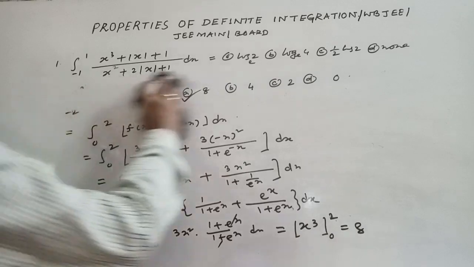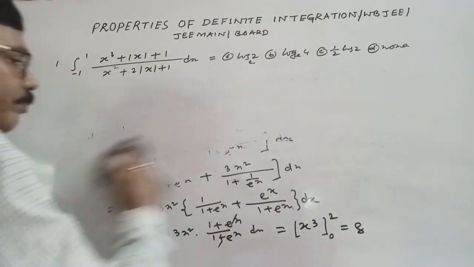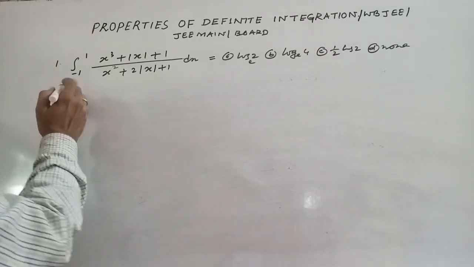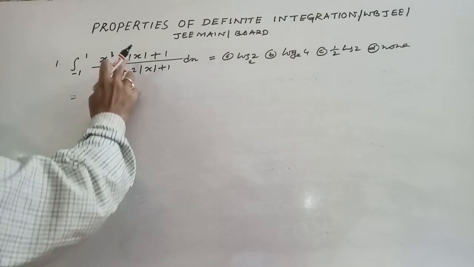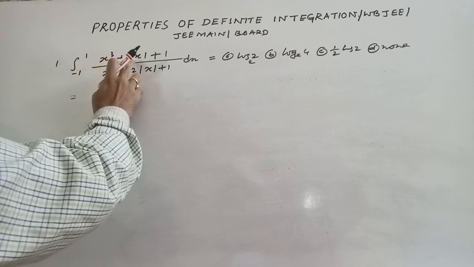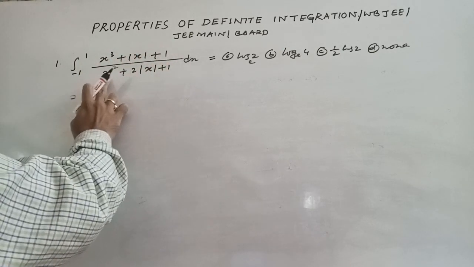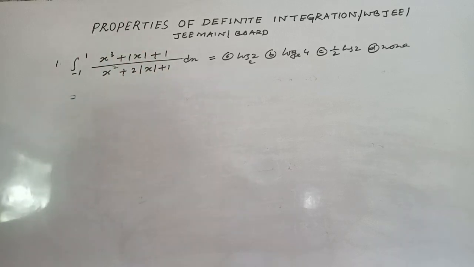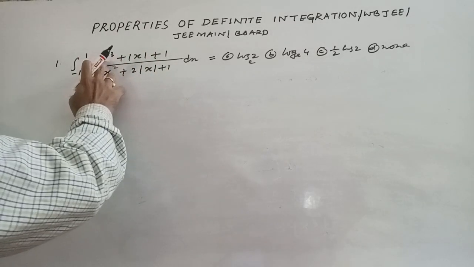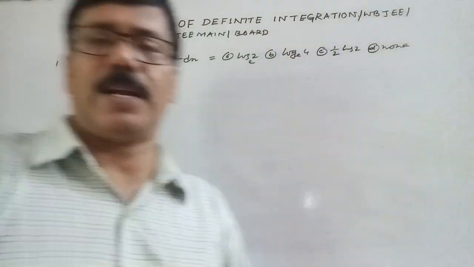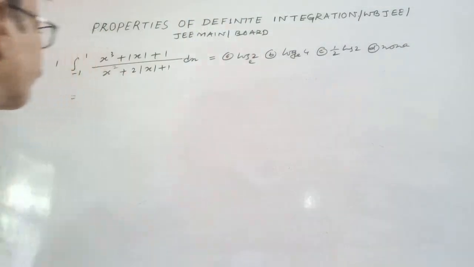Now the first one. So minus 1 to plus 1. So you can write it. Look, this is x cube, this is mod x. This is even, and the denominator is an even function. But it is odd. So it is a sum of even and odd function.